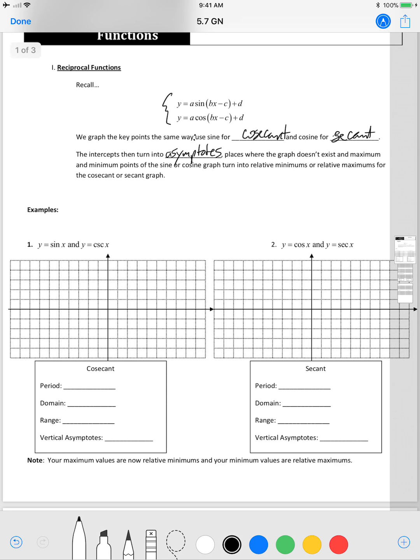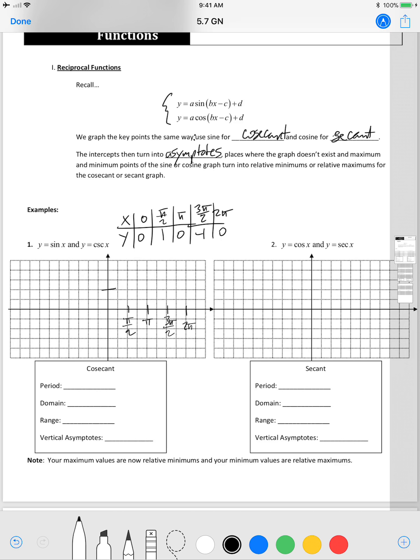I'm going to go ahead and give you the points for the sine function, okay? So we're going to just graph regular old sine of x: 0, pi over 2, pi, 3 pi over 2, 2 pi, with y-values 0, 1, 0, negative 1, 0. And if we plot those points, let's call this pi over 2, pi, 3 pi over 2, 2 pi.